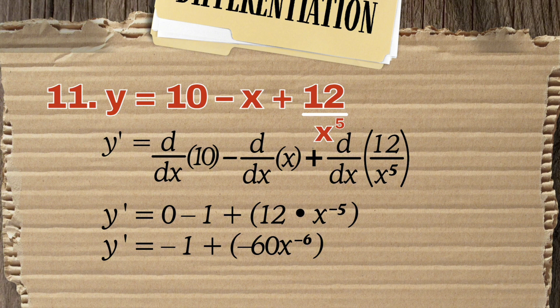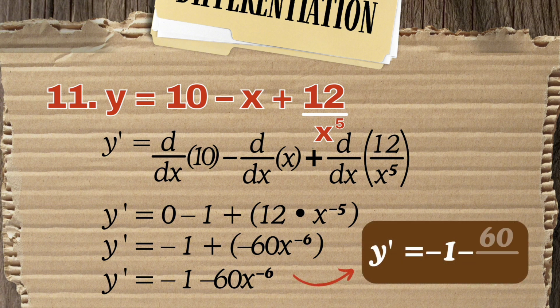So, copy yung negative 1, positive times negative, that is negative 60x raised to negative 6. As we all know, bawal magkaroon ng negative exponent, so ibababa natin siya, then it will be copy the negative 1 minus 60 over x raised to 6. So, this will be the derivative of our function.